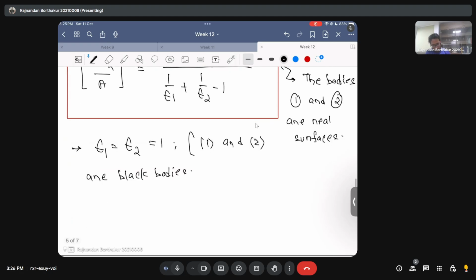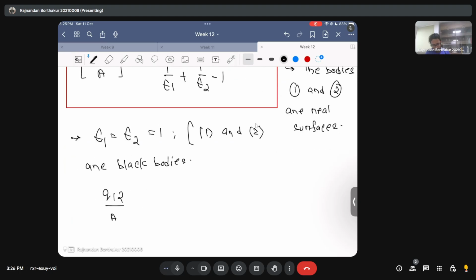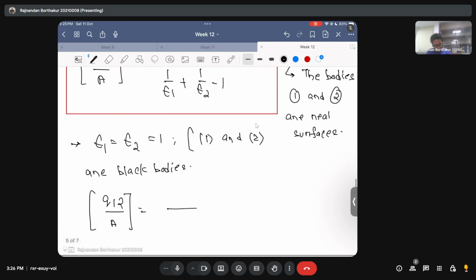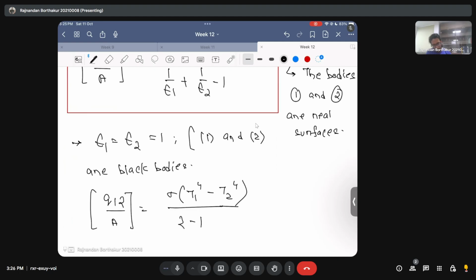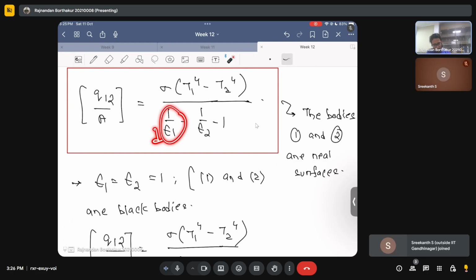And if you substitute these values of epsilon 1 and epsilon 2 to be equal to 1, then you will see that q12 is just going to be equal to sigma times of T1 raised to the power 4 minus T2 raised to the power 4 by 2 minus 1, because of the fact that now these quantities are just equal to 1.